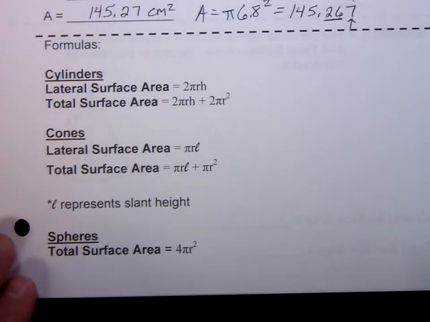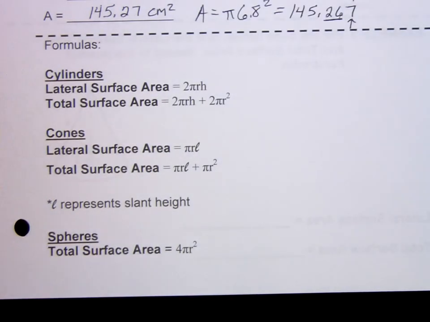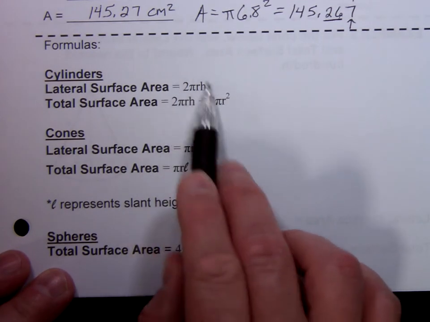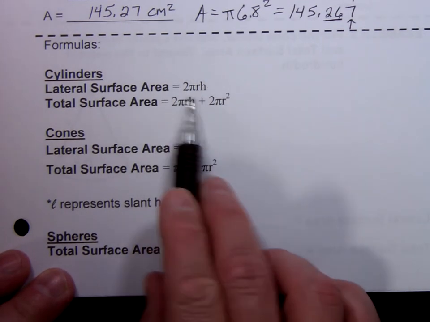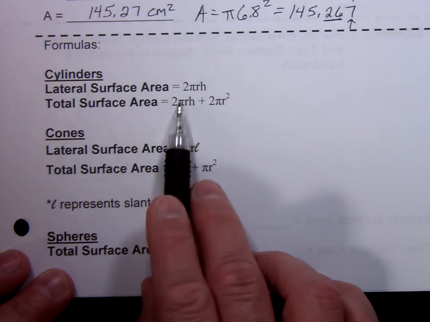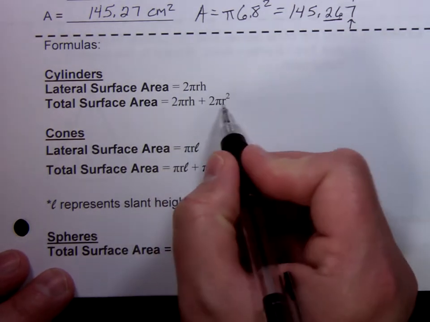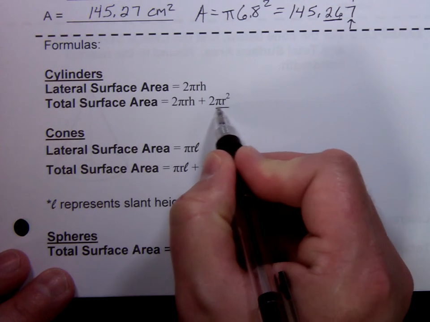Alright, here are the formulas for lateral surface area and total surface area of cylinders and cones. You should notice that the lateral surface area is repeated in the formula for total surface area. And pi r squared was our formula for area of a circle.